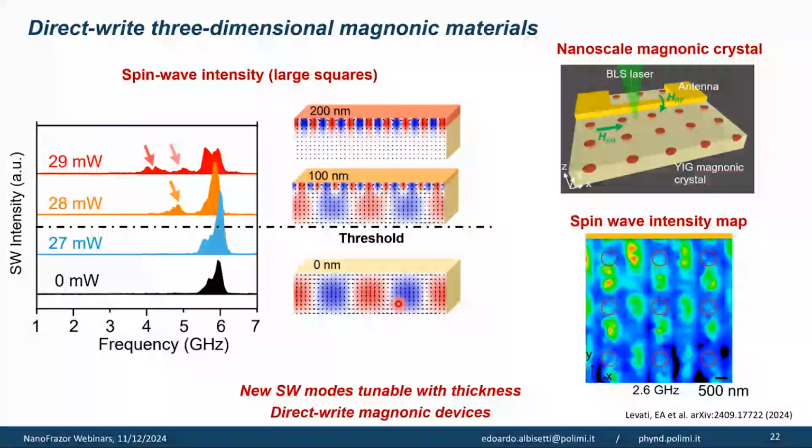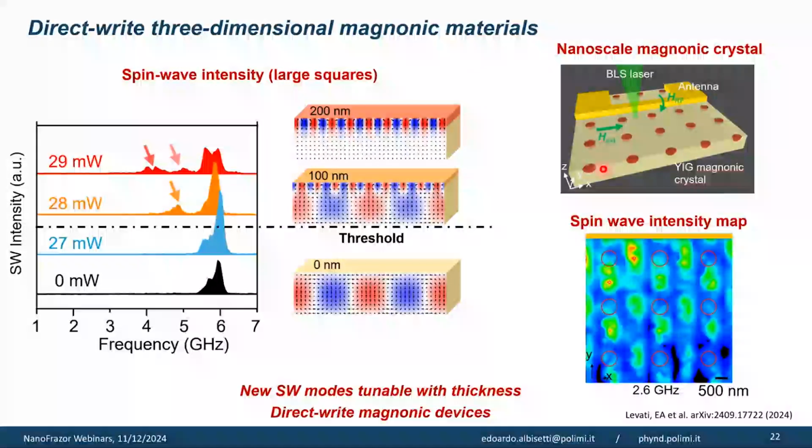And so for demonstrating applications, we created what's called a magnonic crystal. We took the NanoFrazor laser and we patterned single dots within the material with a certain periodicity. And then we went again with Brillouin light scattering to measure a two-dimensional map of the spin waves within the treated area.